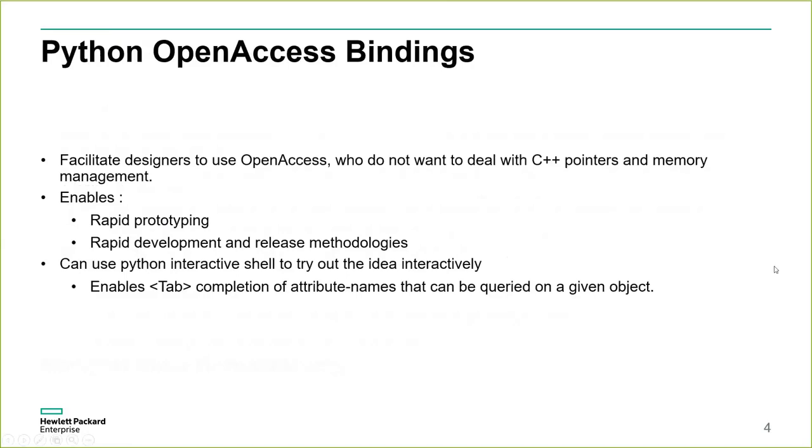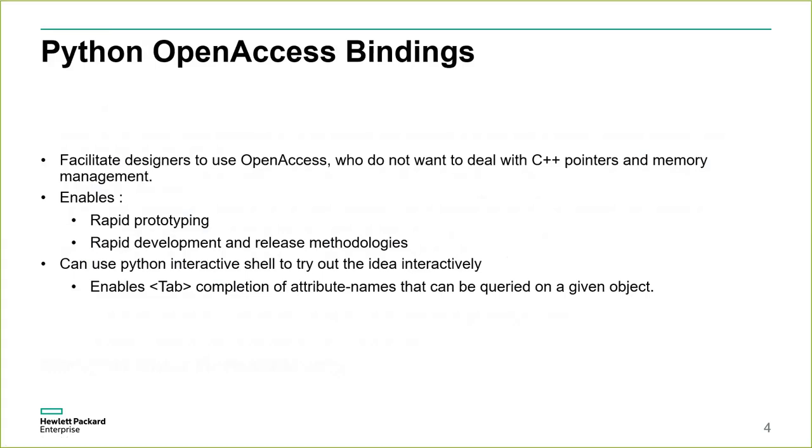So talking about Python bindings, we saw earlier in a couple of presentations, they're using Python bindings for OpenAccess. And I want to touch on why we should encourage our teams to go for this. One of the main things is, we have come across designers who have great ideas to do things with the design, but are reluctant to spend time and effort writing C++ code and deal with the pointers, memory management, and all those stuff. This is where Python bindings come to help us.